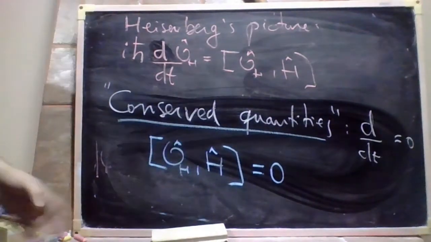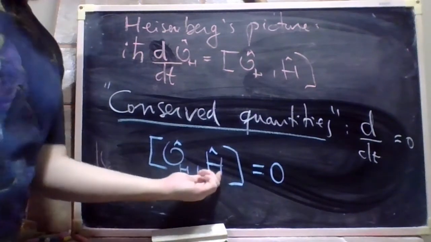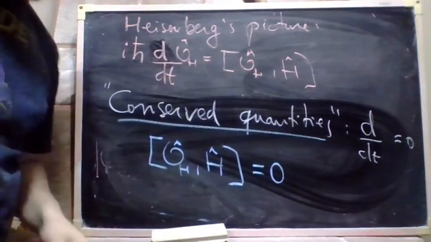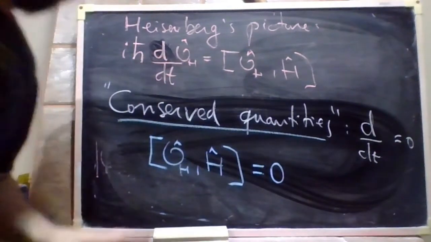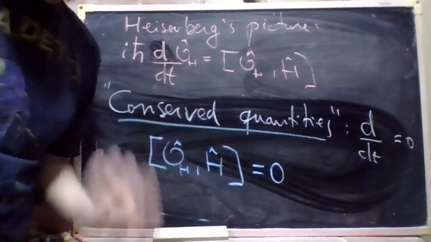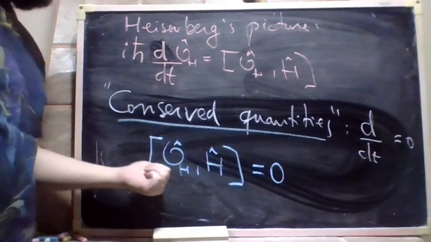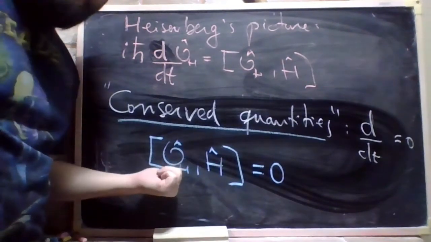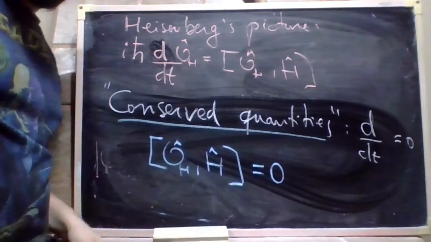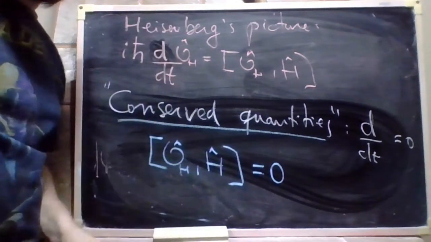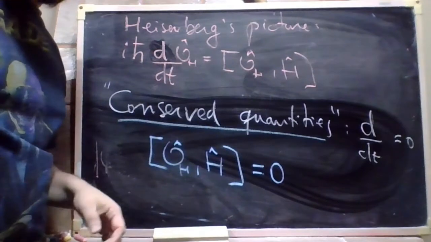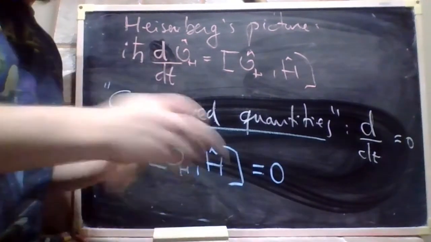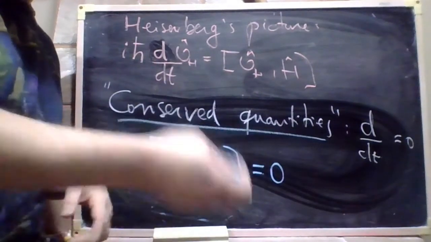So if angular momentum, or some component of the angular momentum, has to be conserved, the commutator of that operator with the Hamiltonian must be 0. If it's distinct from 0, it does not commute. They are incompatible observables, and that quantity evolves in time. It's not conserved.